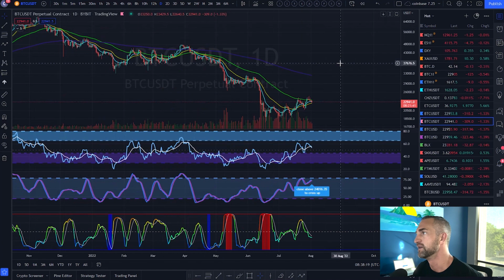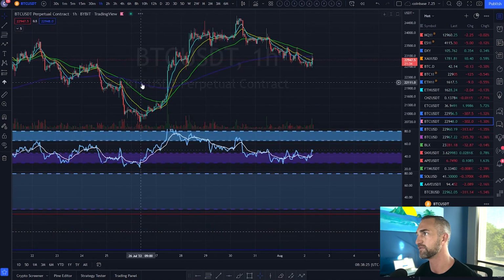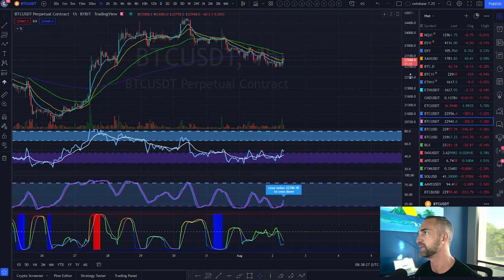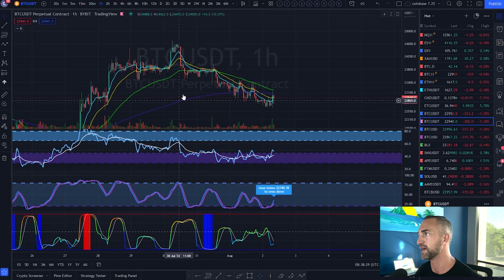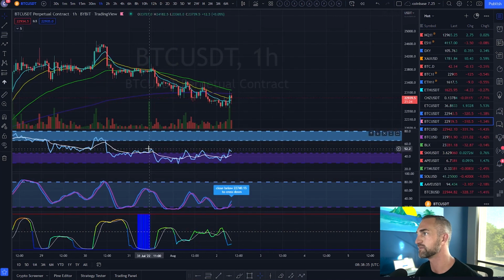So just starting it off here on the lower time frames, I'm going to get down to the hourly time frame. And you can see the hourly trend is down, and we are being governed by the green 55. Let's look for some divergences here. We do not have any bearish divergence coming back from this point.